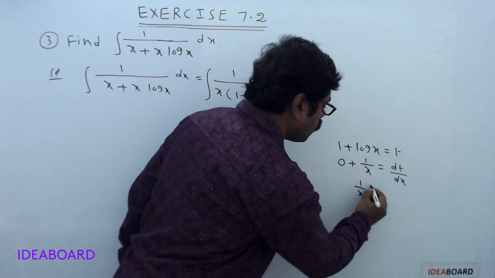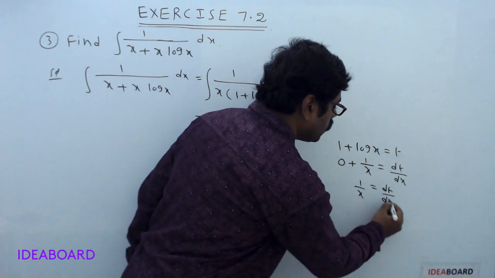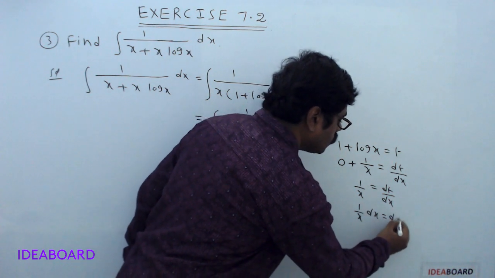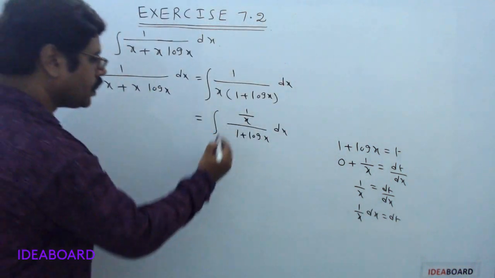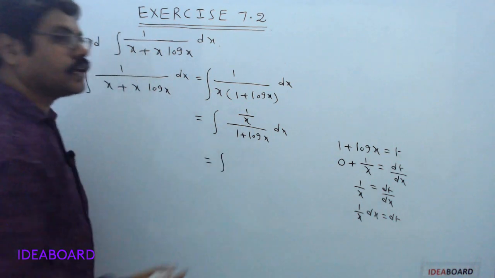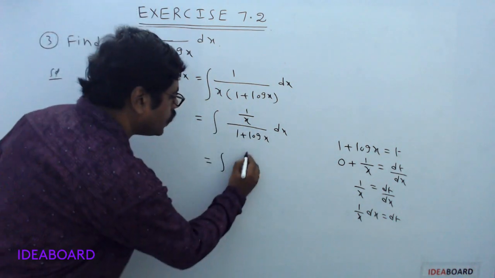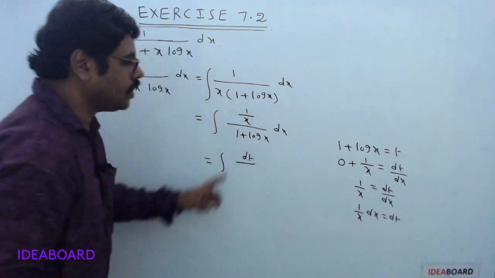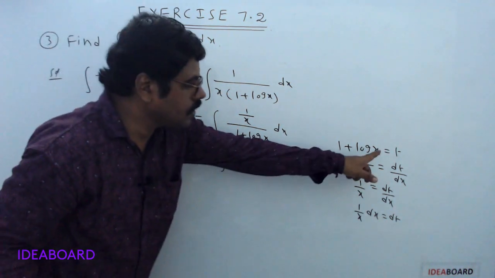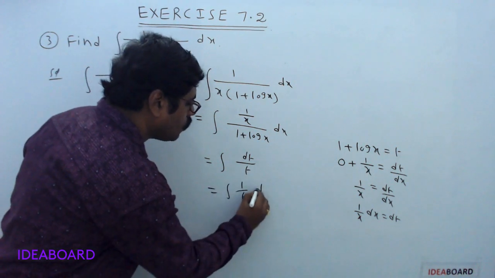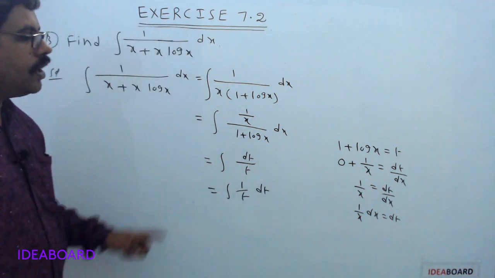So this is 1 by x equal to dt by dx. 1 by x into dx equals dt. Now this equals integral 1 by x into dx, that value dt, divided by 1 plus log x, that is t. Now this is integral 1 by t dt.